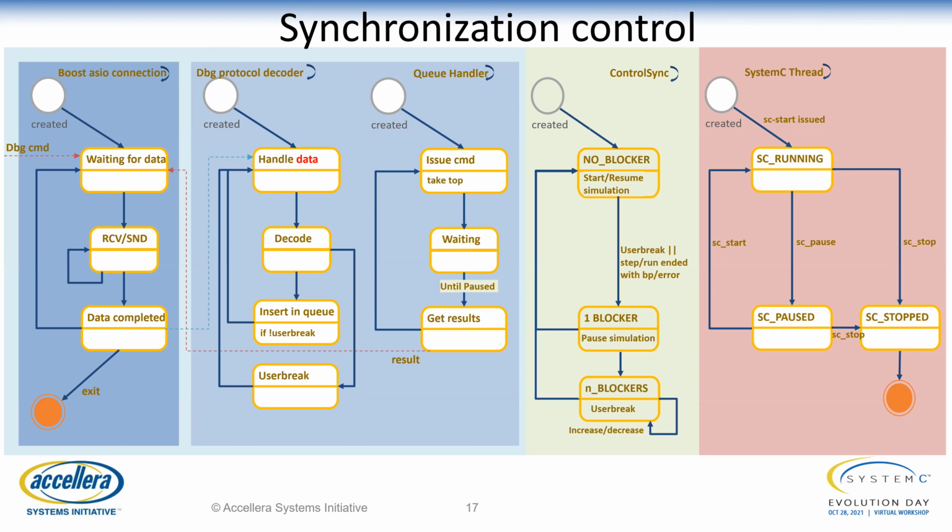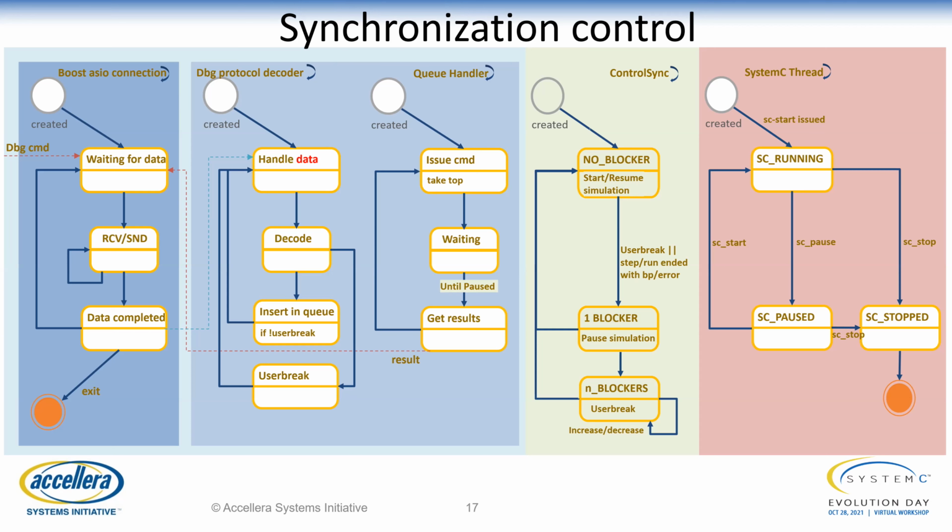If it's a normal command, it goes in the queue. If it's a user break, it gets special handling because it has to be able to intercept a running step or continue command. The queue handler will issue the command forward to the control sync.